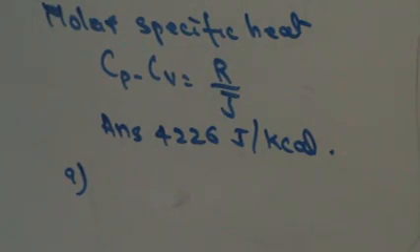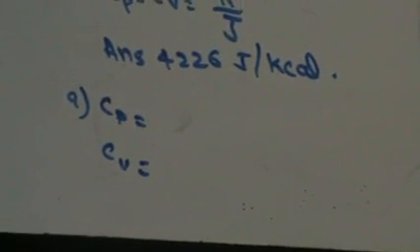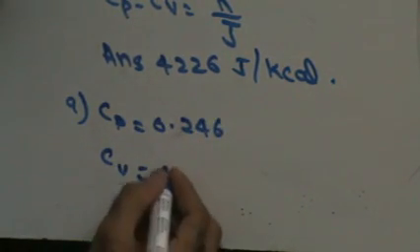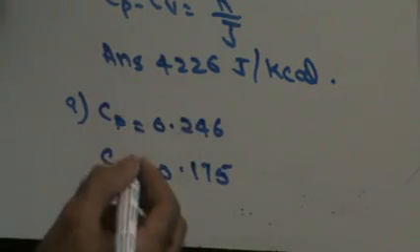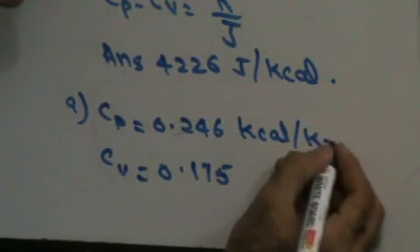Next, take down next sum please. The specific heat of nitrogen at constant pressure and constant volume are 0.246 and 0.175 kilocalorie per kg Kelvin.